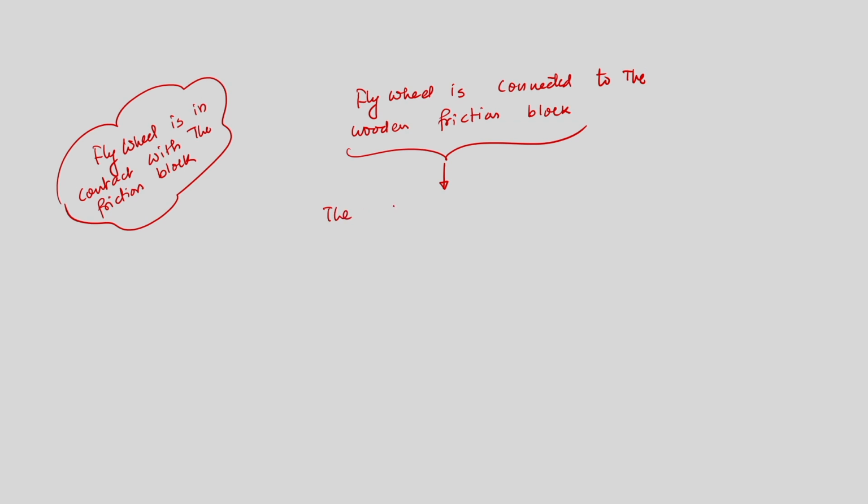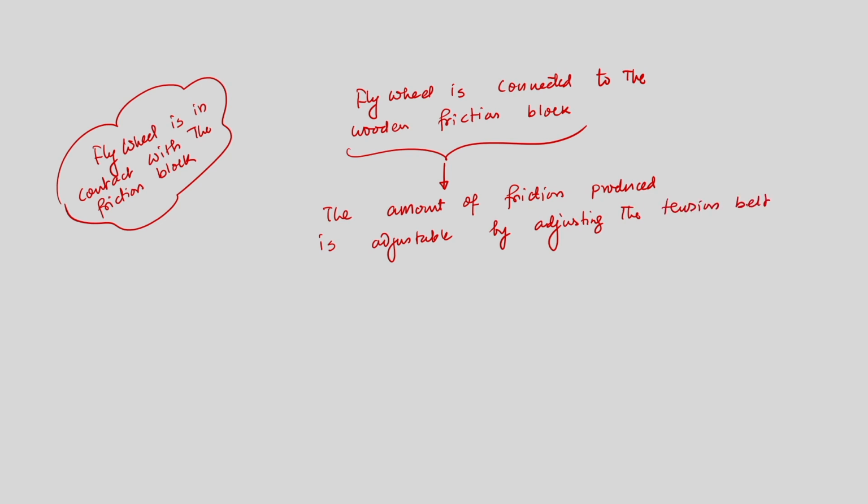Now, the amount of friction produced is adjustable by adjusting the tension belt, and now I am writing the operational principle.